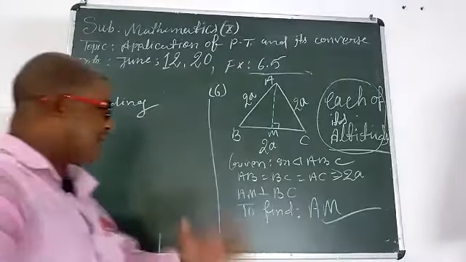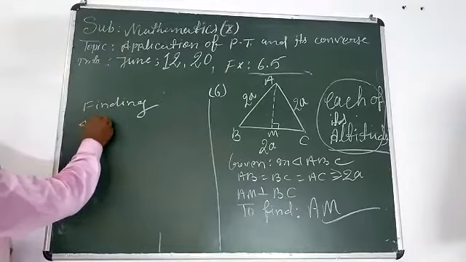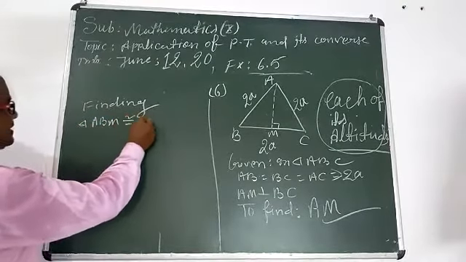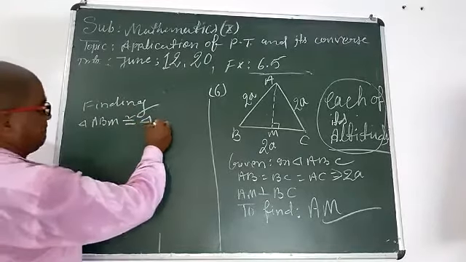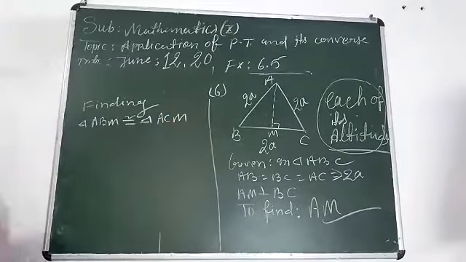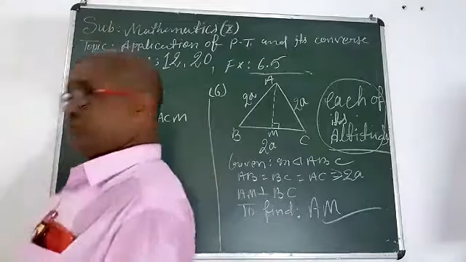Finding. Triangle ABM congruent to triangle ACM. How?